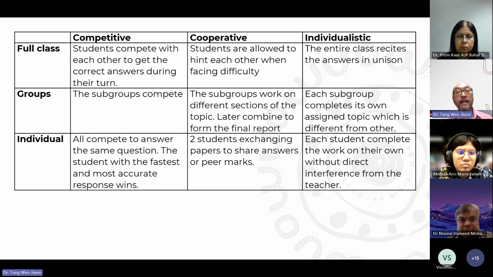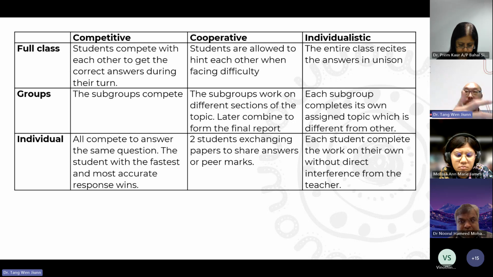And we can apply this to different situations, either to the full class, in groups, or individuals. So these are some examples of how we can perform this. Competitive full class, I believe we have done this in class, where we ask them questions.